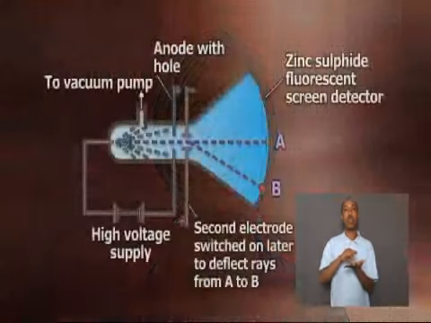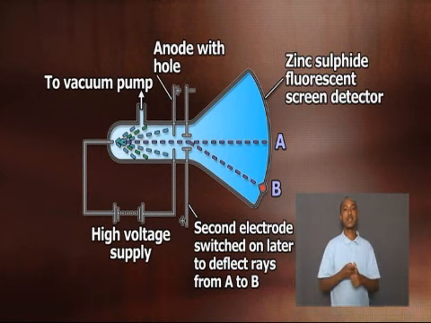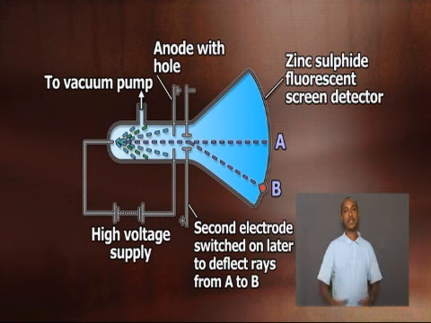A series of breakthroughs in research concluded that atoms are made up of three different kinds of subatomic particles: the electron, the neutron, and the proton. The electron was the first subatomic particle to be identified.